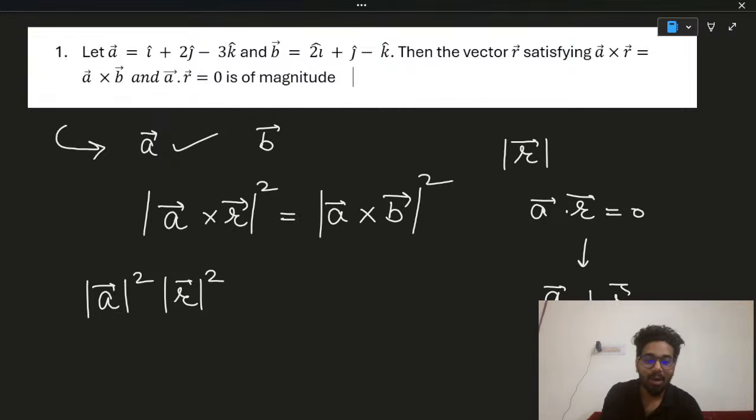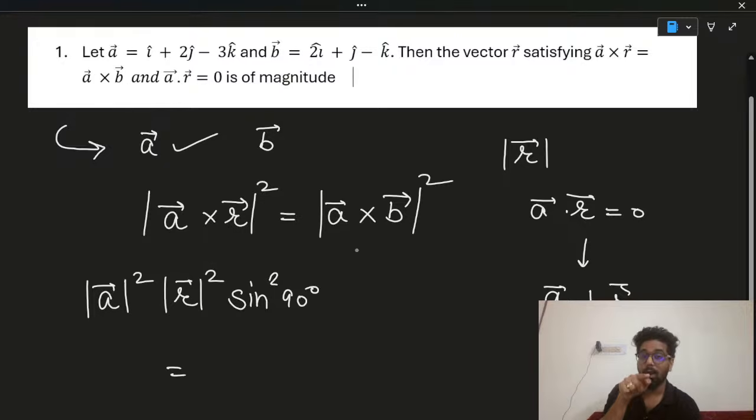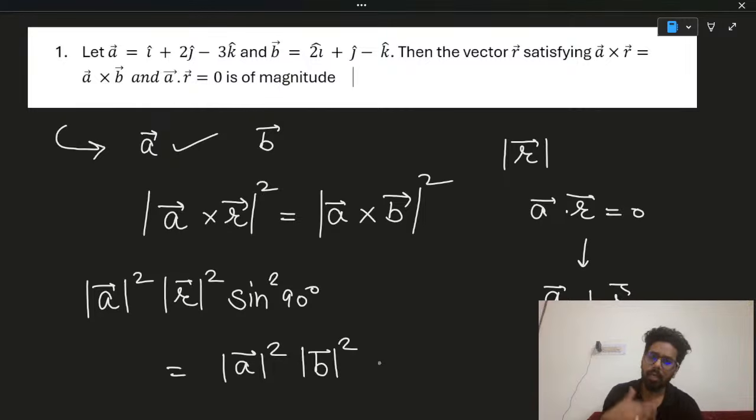But what is theta over here? It is 90 degrees. So here it will be sine square 90 degrees, is equal to, now A cross B is magnitude of A vector square, magnitude of B vector square, cos theta. We do not know cos theta.